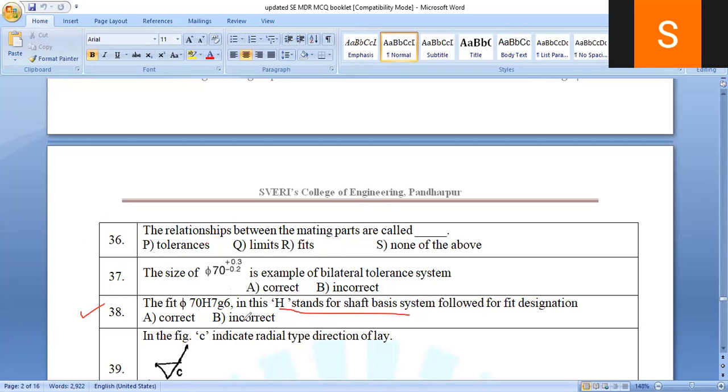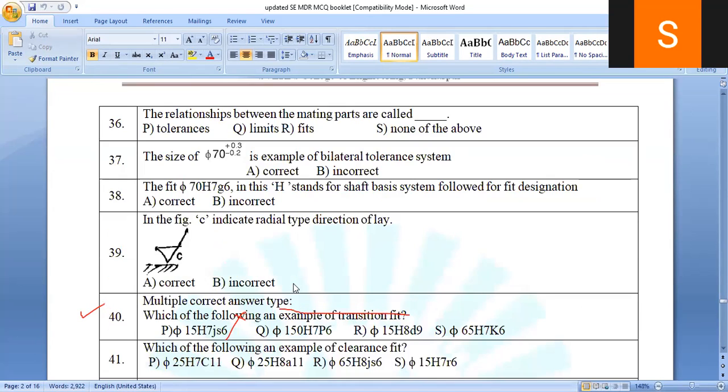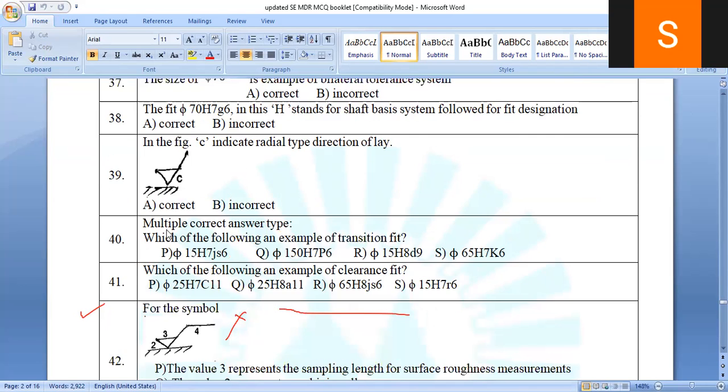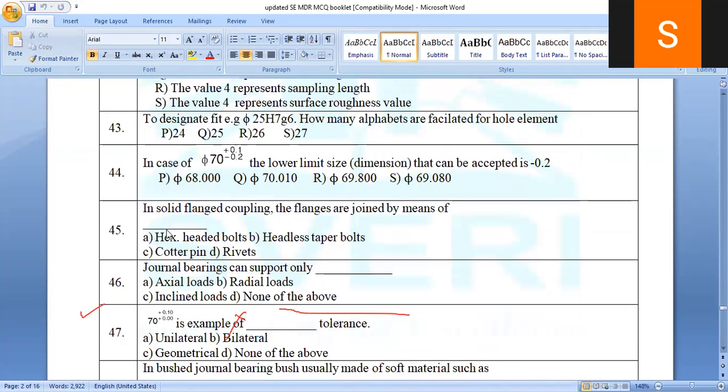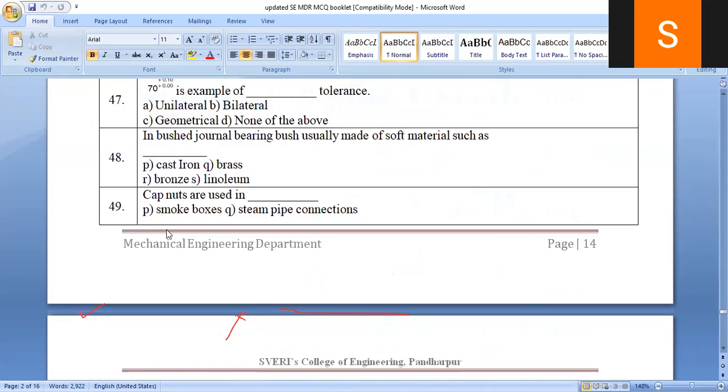It stands for the hole, so that it is correct. 39 number. इनकरेक्ट. Okay.